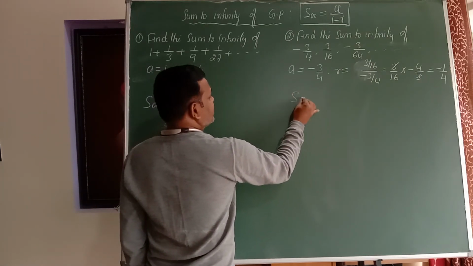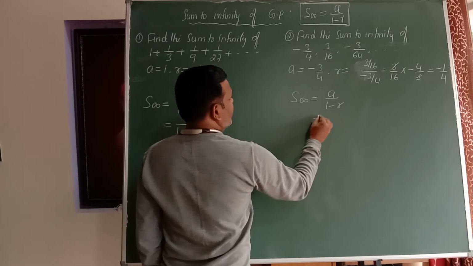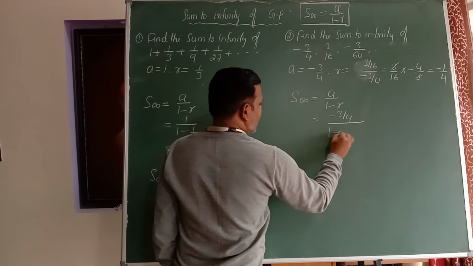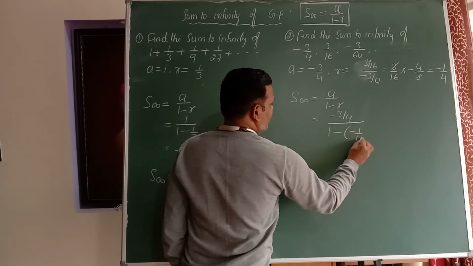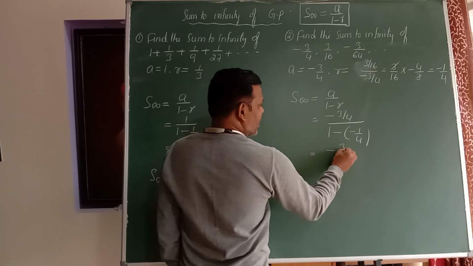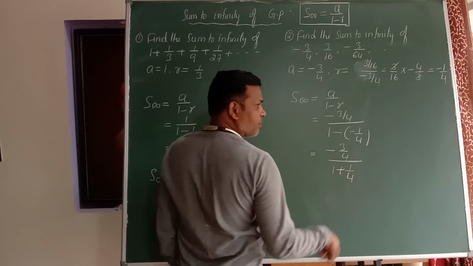Sum to infinity, that is S infinity, is given by A divided by 1 minus R. What is A? Minus 3 by 4 divided by 1 minus R. R is minus 1 by 4. Got my point? So this becomes minus 3 by 4 whole divided by 1 plus 1 by 4.